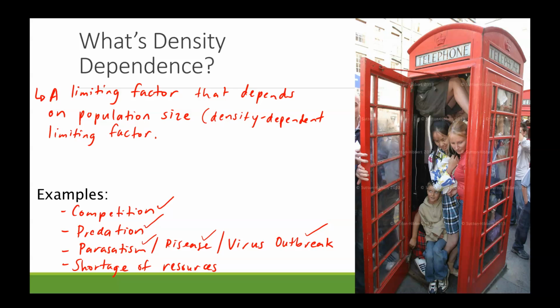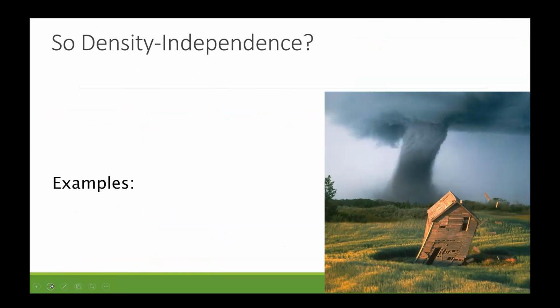So if we have density dependent, then clearly the next one is going to be density independent, and this is going to be something like a natural disaster, right? So this is a limiting factor that really is going to impact all populations in similar ways.